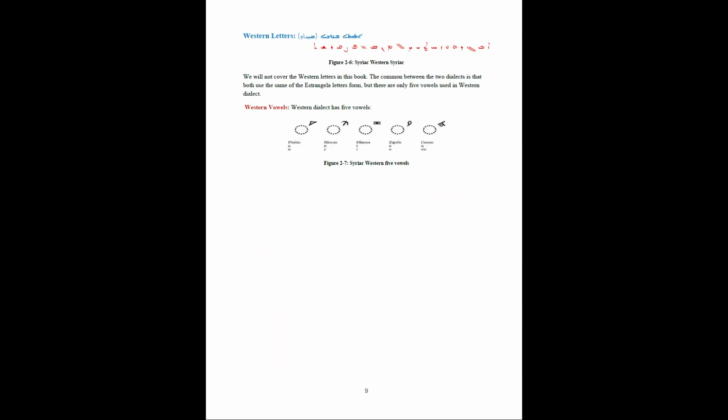Here are the Western letters, and if you compare these 22 letters here on the top with the ones we have in the Syriac, you're going to see they are almost the same, with a slightly different shape.